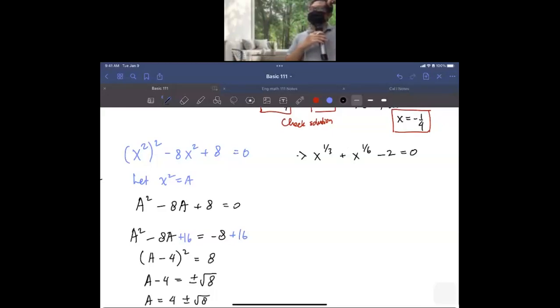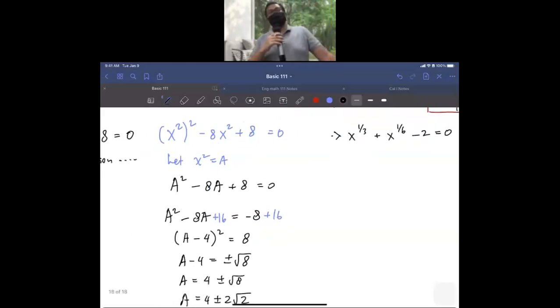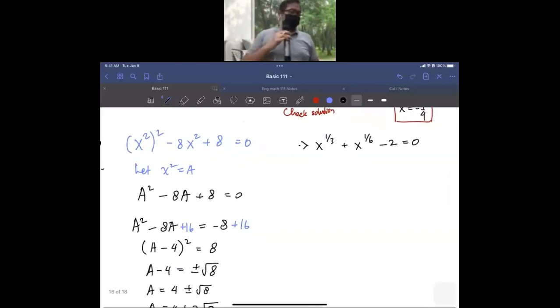So now we have a rational exponent in our equation. The principle should be the same as the left one here. If we could somehow manipulate the equation and make it a normal quadratic equation, that's the principle.